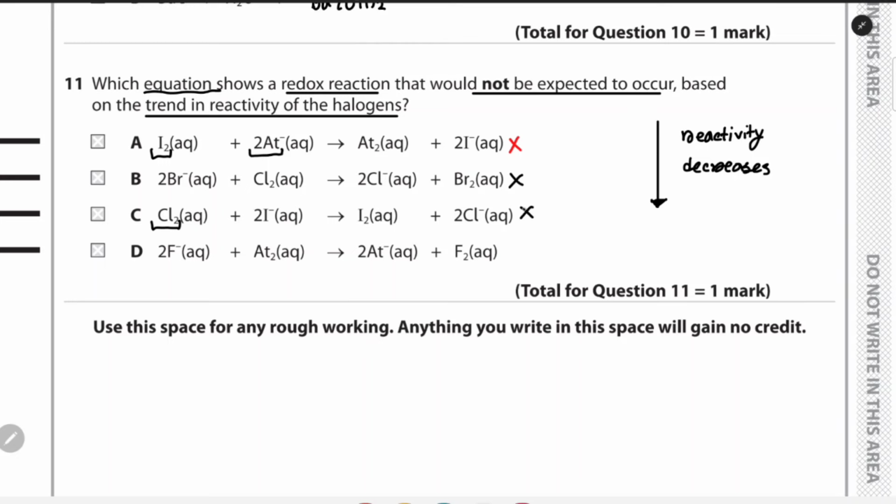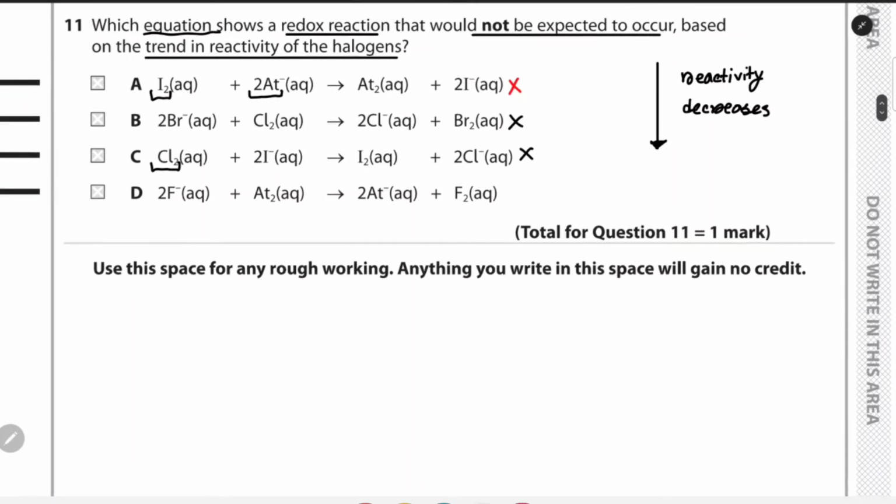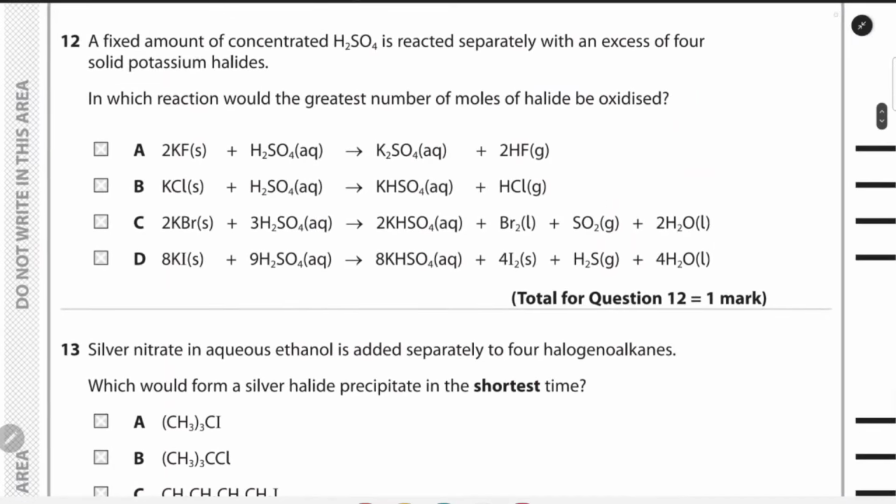This is not our answer as well. If we come to option D, we have fluoride ions and astatine. Fluoride ions are less reactive than astatine, so the fluoride ions cannot displace the astatine. So this will be the answer.